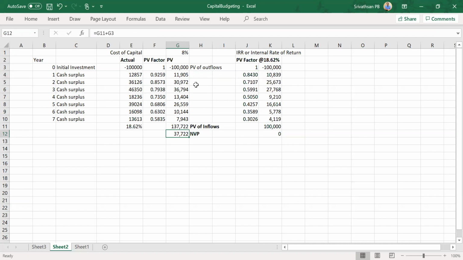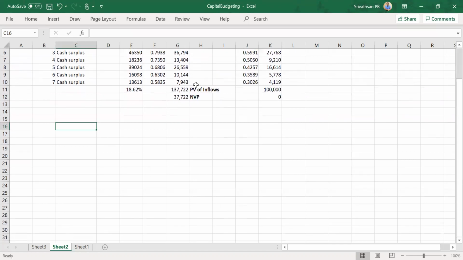In this case, since they said 8% is the cost of capital, we calculated it at 8%. Let me take a different example to explain this better, because since I know the answer, I may tend to take a rate closer to 18.62 to show you how to calculate IRR. So I'll take a different example.